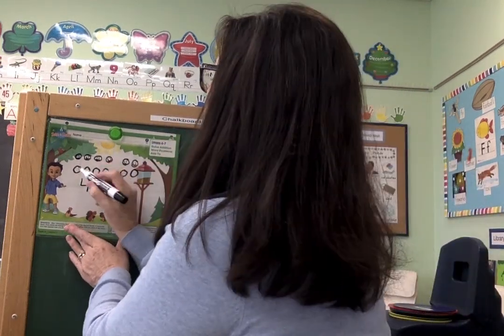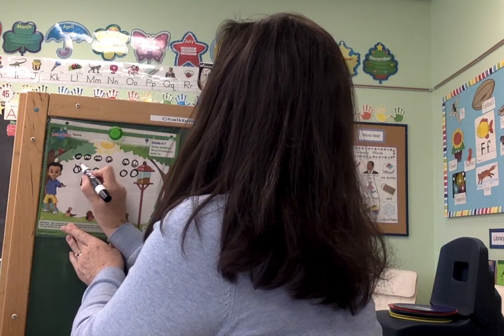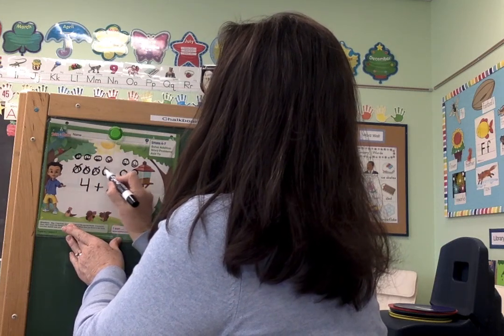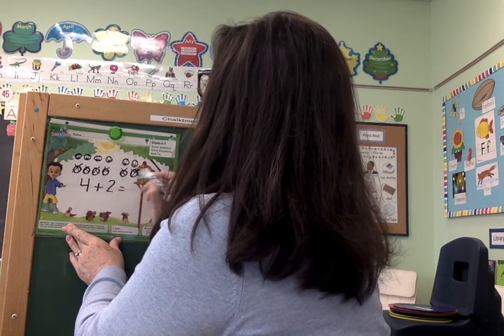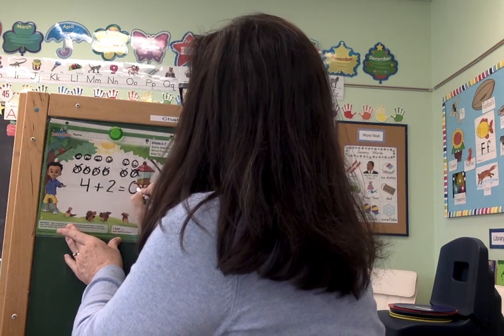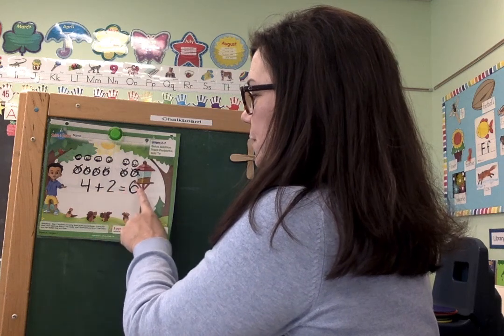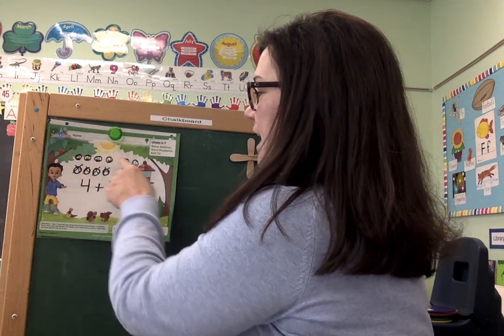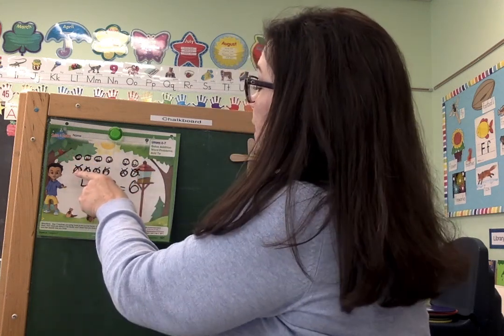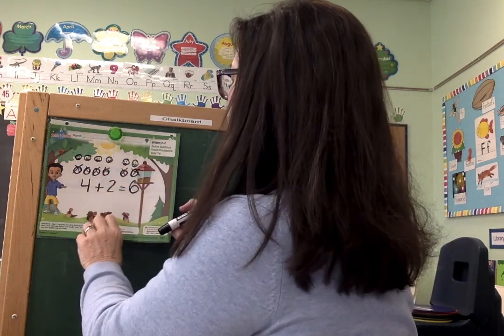So I'm going to use the counters. So I'm going to go across. 1, 2, 3, 4, 5, 6, and I'm now going to write 6. So our equation is 4 plus 2 equals 6. We're showing that as smiley faces. We drew counters, and we also wrote the equation.